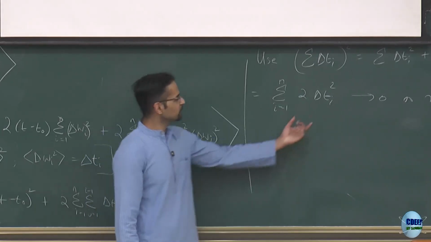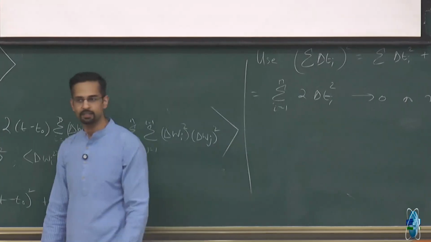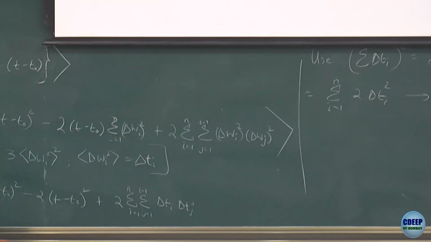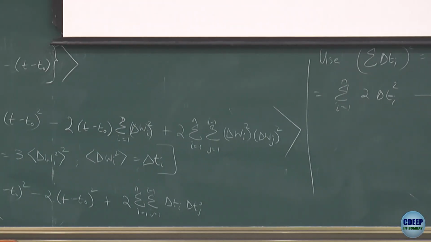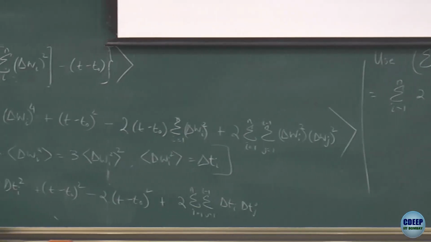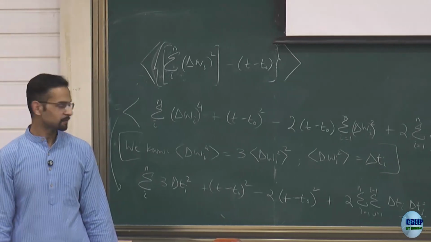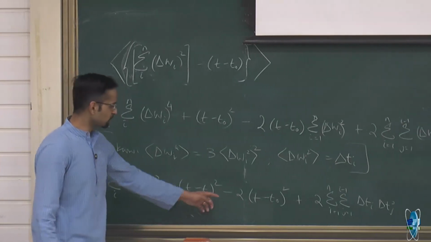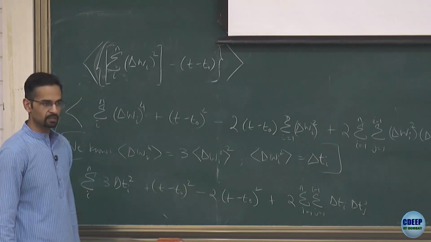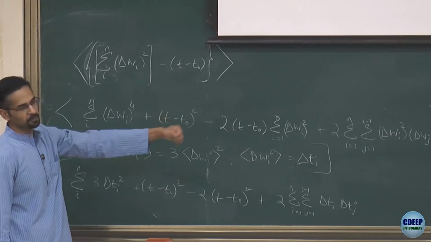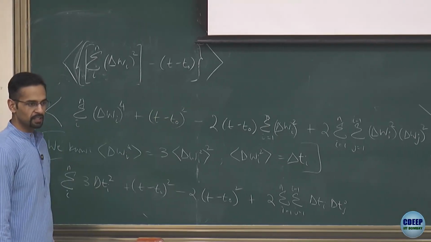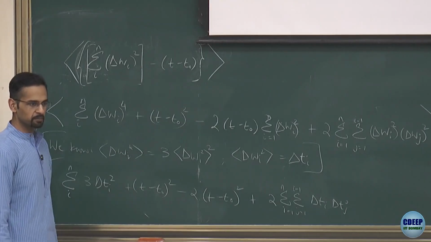The main point is that when you see delta t squared, this obviously behaves like 1 by n squared. So when you sum it n times, it's still going to decay to 0. What survives is things that go like delta t, and those terms are sitting here, so we got rid of those. They cancelled out. What remains becomes smaller and smaller as n increases and will ultimately become 0.